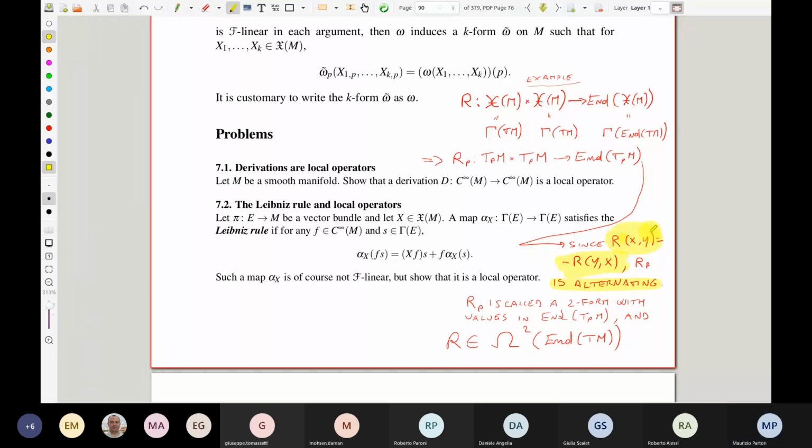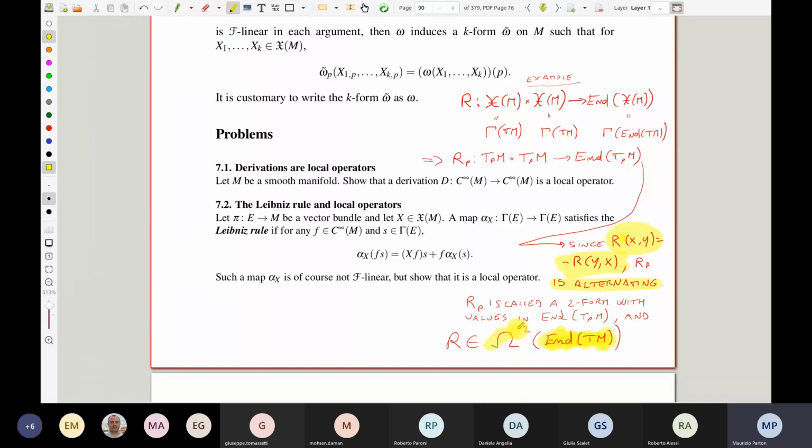What is it? It's an endomorphism. An endomorphism of what? Of the tangent bundle. So this is a two-form taking values in this tangent bundle, in this vector bundle, whatever this object is.